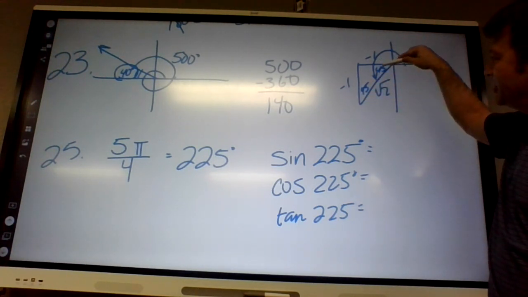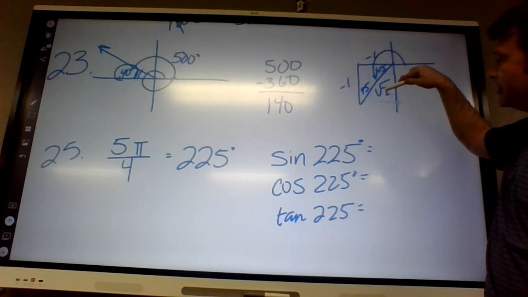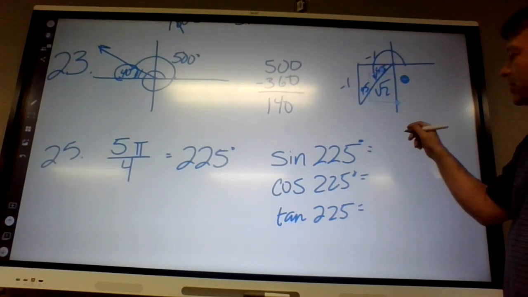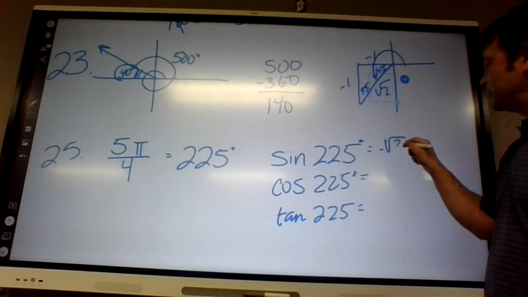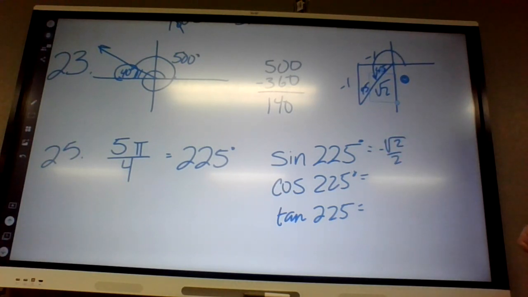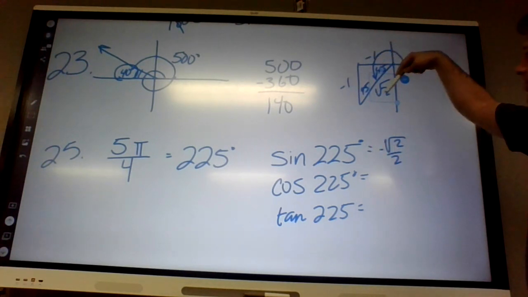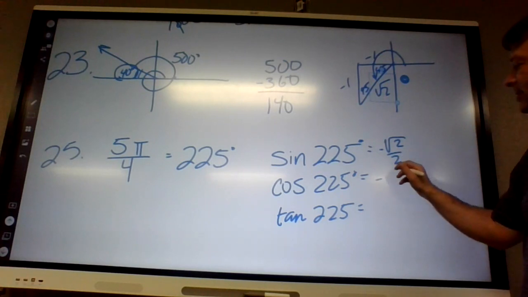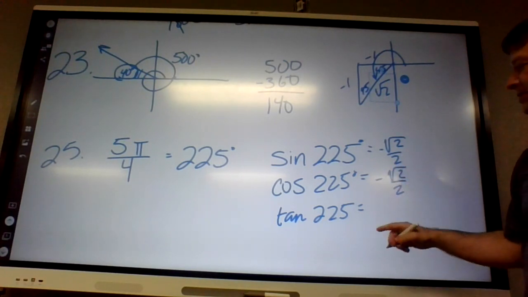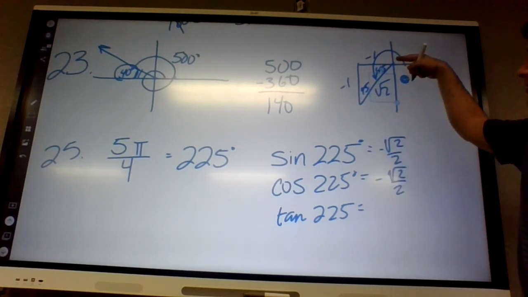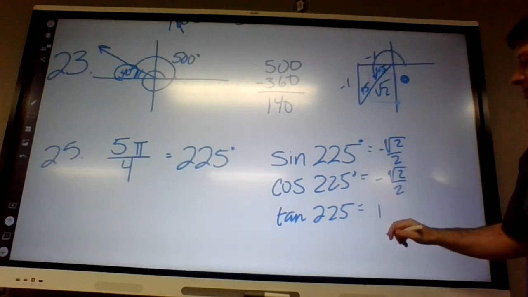Sine would be opposite over hypotenuse, so it's negative square root of 2 over 2. Most of your calculators can do that, though. Cosine is adjacent over hypotenuse, so it's the same thing. And tangent is opposite over adjacent.